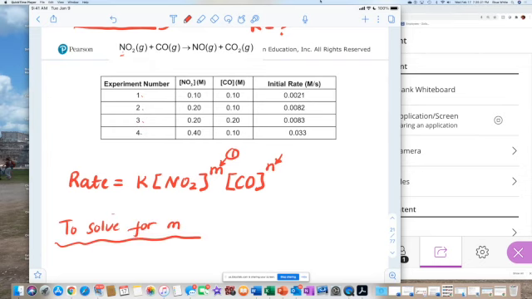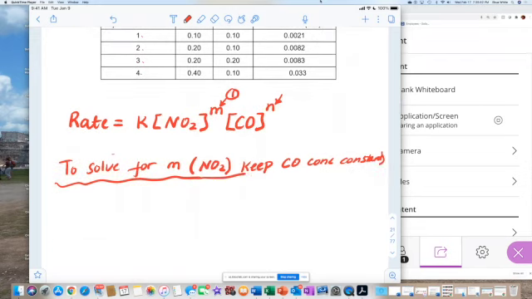I have to pick 2 experiments. As I'm trying to solve for M, which goes with NO2, I want to keep the CO concentration constant. I want to keep CO from influencing the observations. So select 2 experiments in which the concentration of CO is not changing.